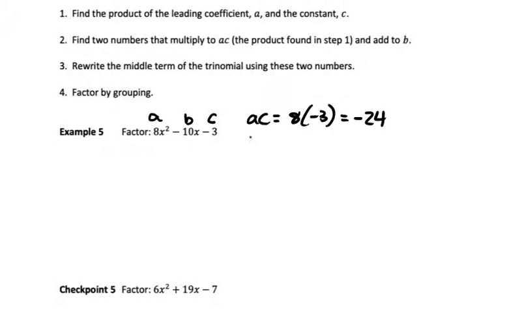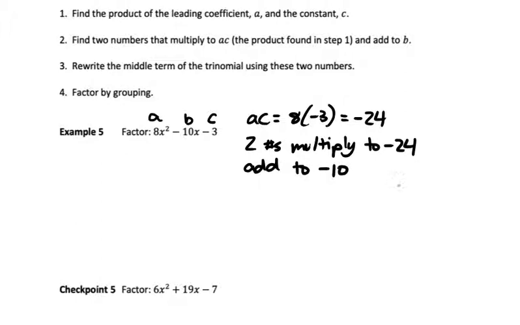Now for step 2, we're looking for two numbers that multiply to negative 24, the ac that we just found, and add to b, which in this case is negative 10. So we can list pairs of numbers like we did before and then choose the correct pair.